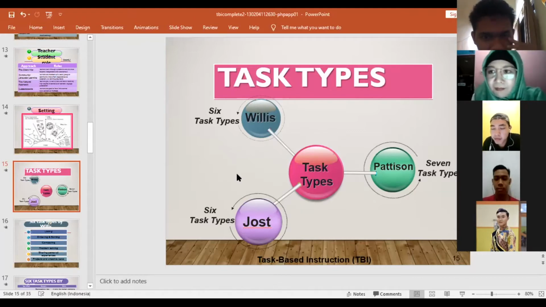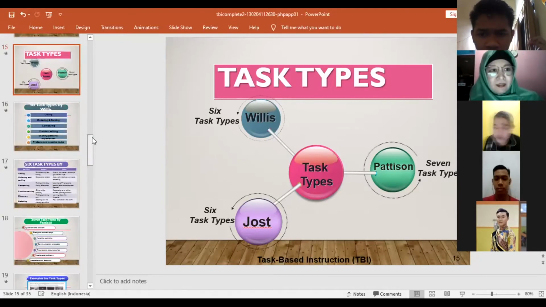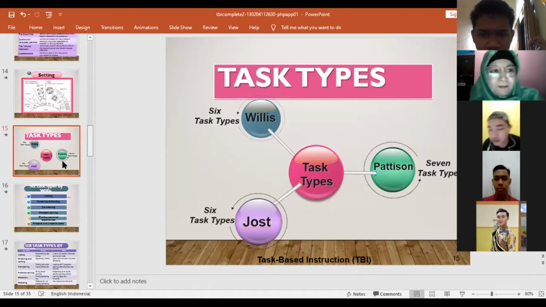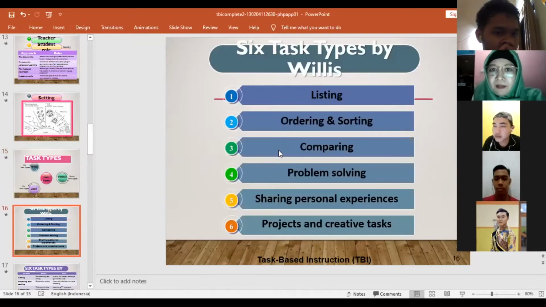Next, I'm going to give you about 20 minutes to do the task design, and you have to create it based on this type. Right, we take a look one by one. This is about tasks by Willis.